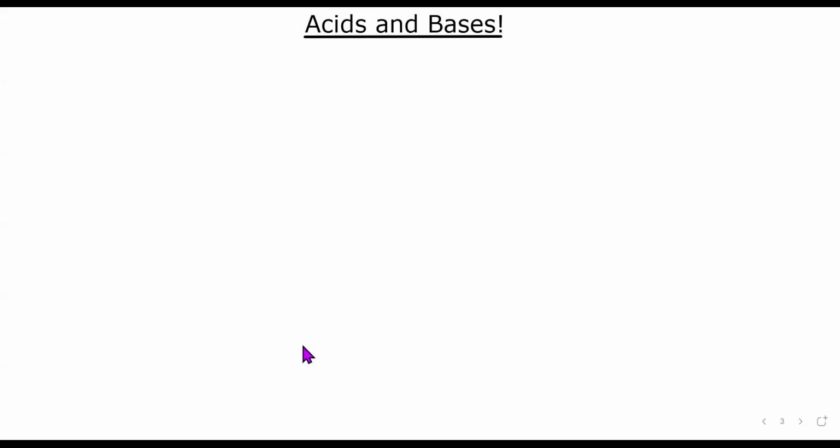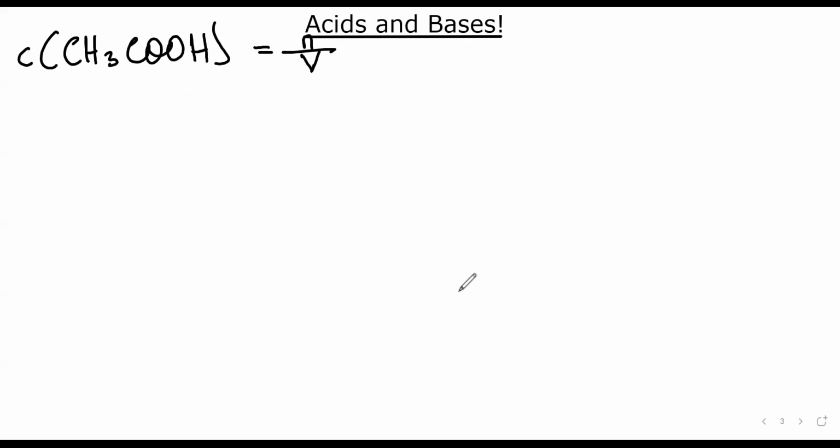So we'll begin by finding those that are available at the start of the reaction for the acetic acid. And for that, we'll define concentration. We say, well, the concentration is defined as the number of moles divided by the volume. And the concentration is given to us as 0.5.